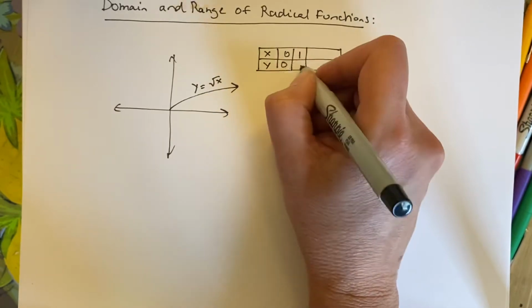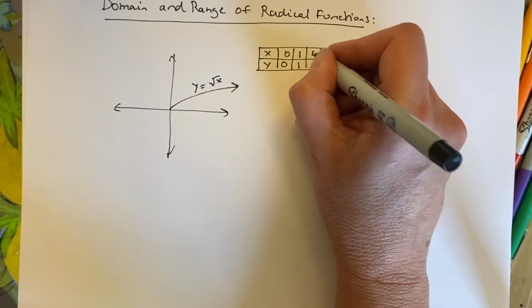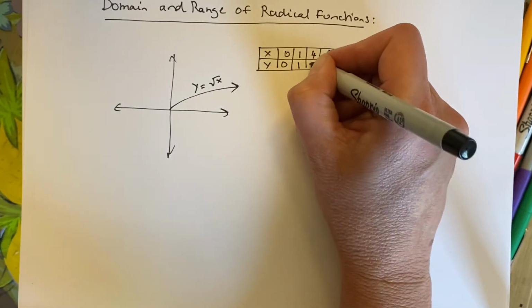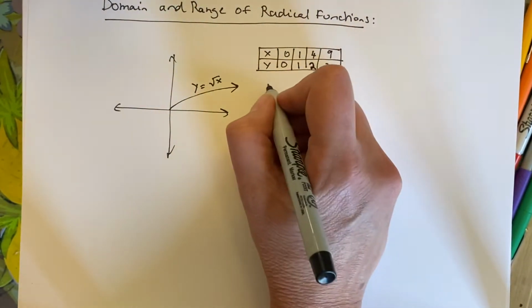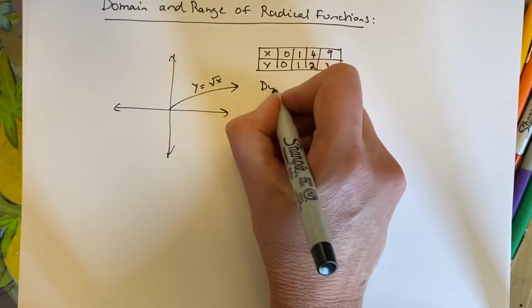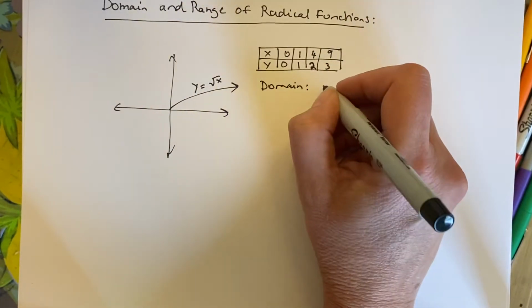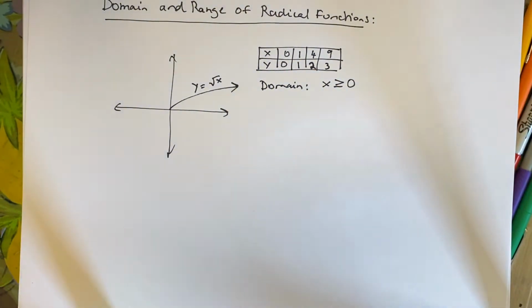I'm putting in 1 and I'm getting, because I'm only getting the positive square root. I am not doing the negative square root. And because of that, I am limited so that my domain is only positive numbers. So the domain of the parent function is going to be x is greater than or equal to 0.